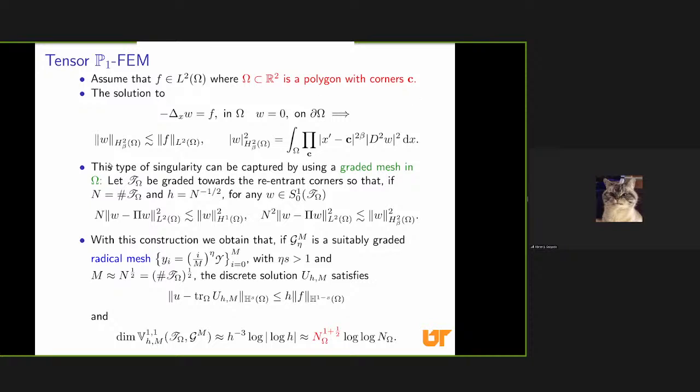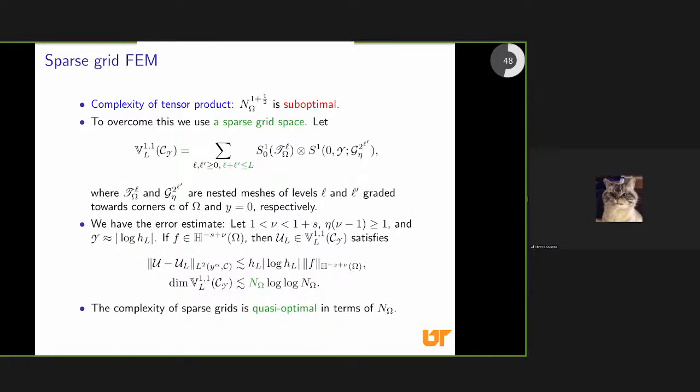So you can suitably grade the mesh in the omega directions to capture the singularities that come not only from the data, but also from the solution of the fractional Laplacian itself, and get an error estimate of this form. However, in terms of n, the number of degrees of freedom, to the power 3/2, that's suboptimal. Well, that is because you're using too much information on the domain omega.